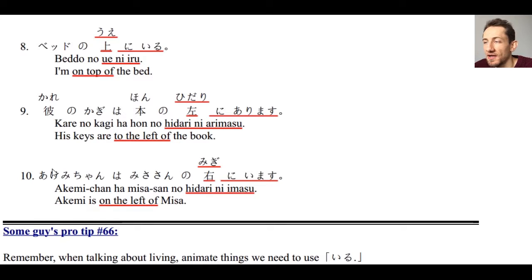And number 10. あけみちゃんはミサさんの右にいます。So あけみちゃん is a person, and she is on Misa's right. So as you can see here, we can talk about people, we can talk about people's things, or we can talk about animals. We just have to be very careful of using いる and ある.